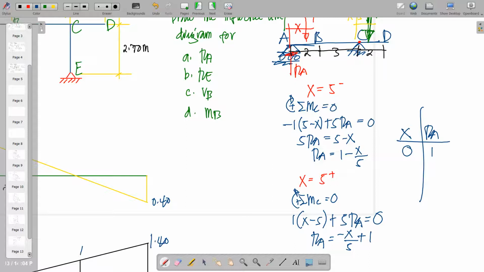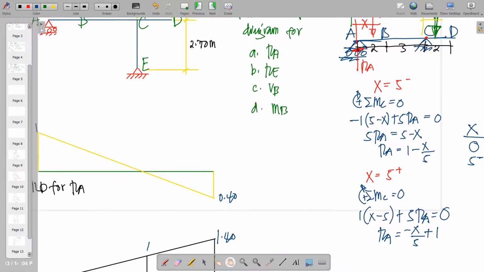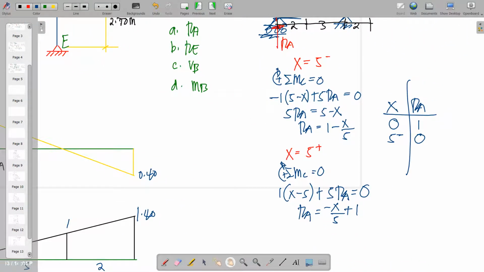And then when x is equal to 5 minus, or less than 5, so simply substitute 5 here. 1 minus 5 over 5, that will be equal to 0. And then when x is equal to 5 plus, we use this equation. Negative 5 over 5 plus 1, that is also equal to 0.